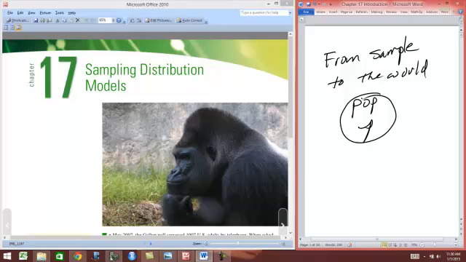So we have a population, and from the population we take a representative sample. It's random and independent, not too big and not too small.